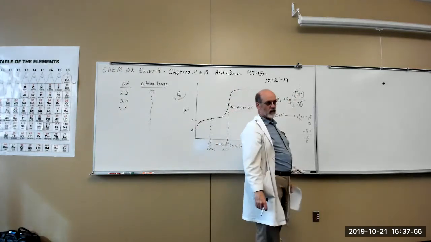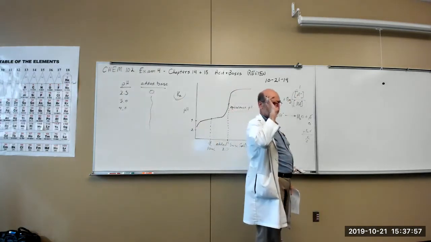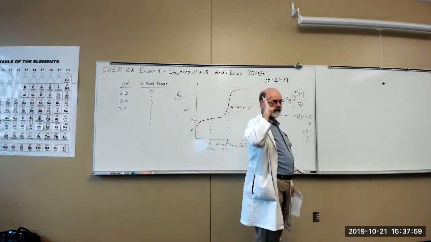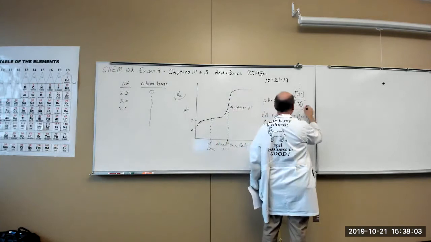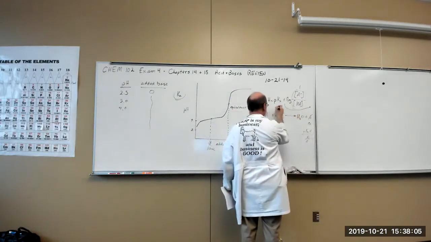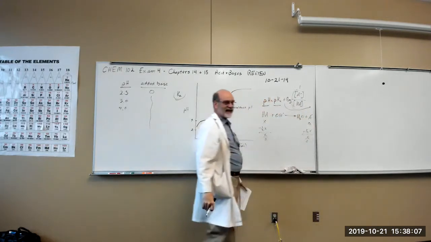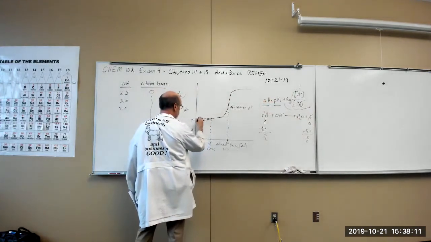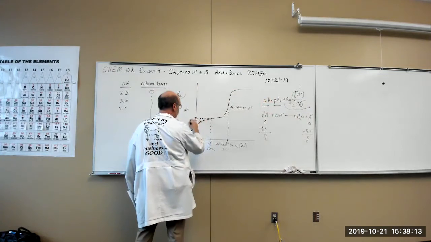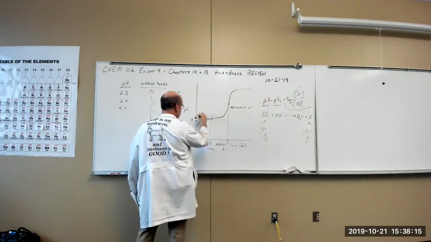And what's the log of 1? 0. 10 to the 0 power is 1. So that means this one drops out. And at that point, pH is equal to pKa. So you just have to read across here. That pH is pKa.